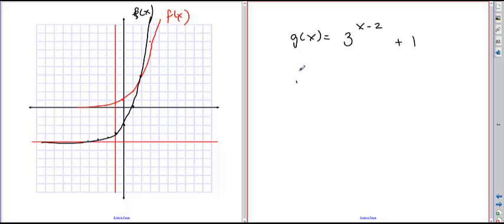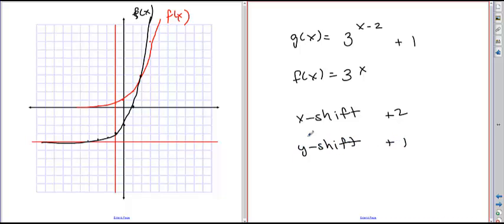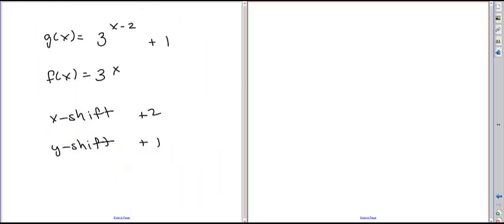So our parent function is 3 to the x, and our x shift is plus 2, and our y shift is plus 1. And let's get a piece of graph paper.